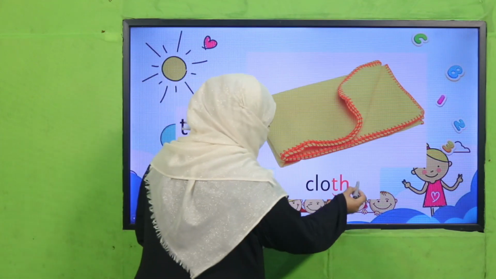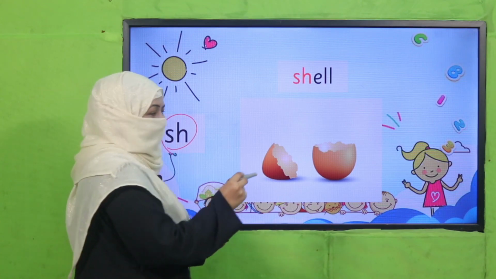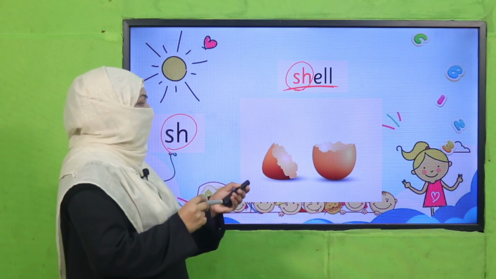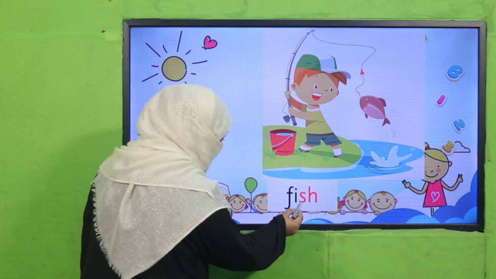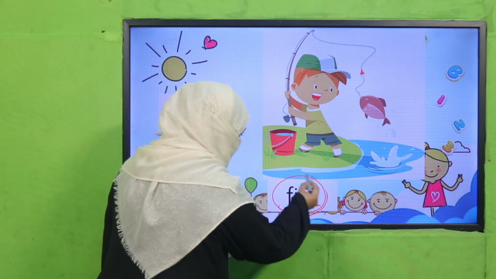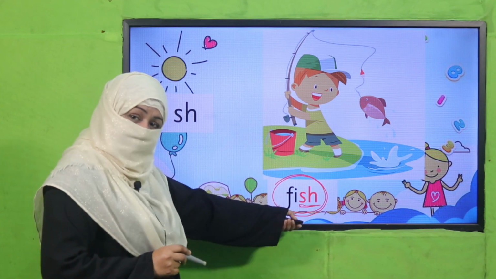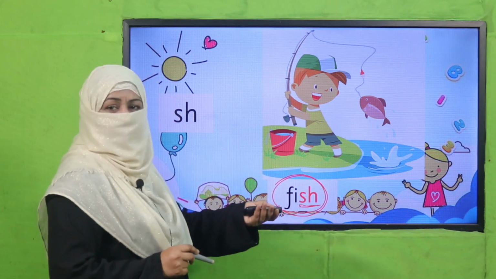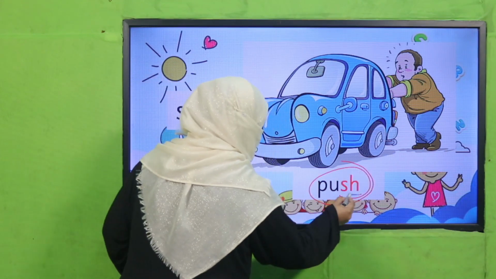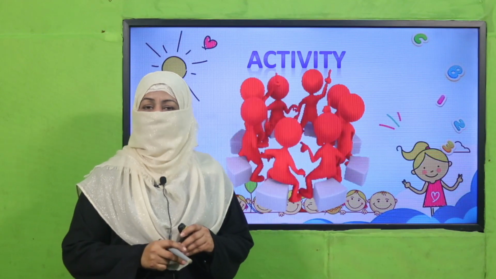Here is cloth. SH has the sound as in shell. So it is at the beginning of the word and here it is at the end of the word. Still its sound will remain sh as in fish. Fish, right? This is how we identify the digraph and we pronounce its sound. Push. So this is how we'll find it and pronounce it.